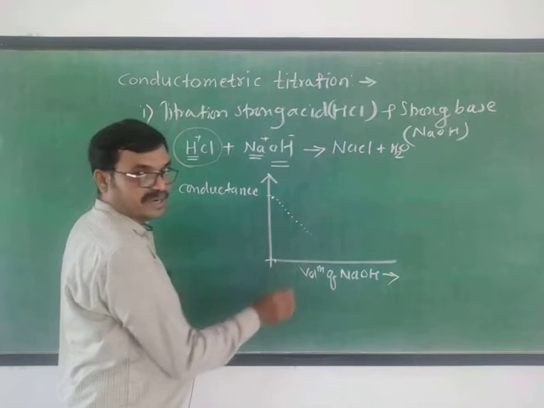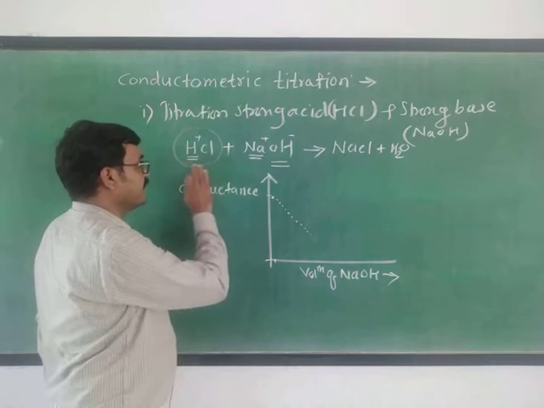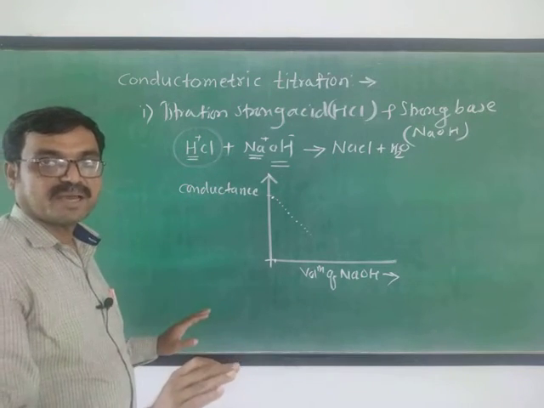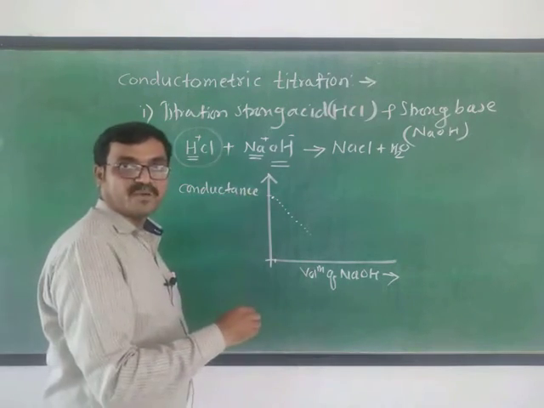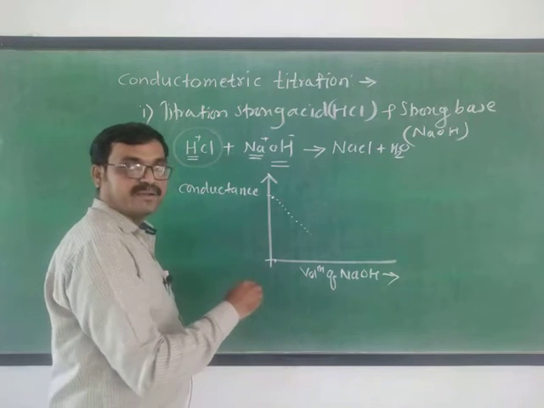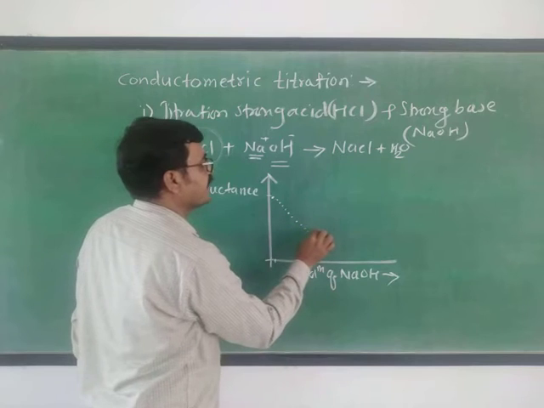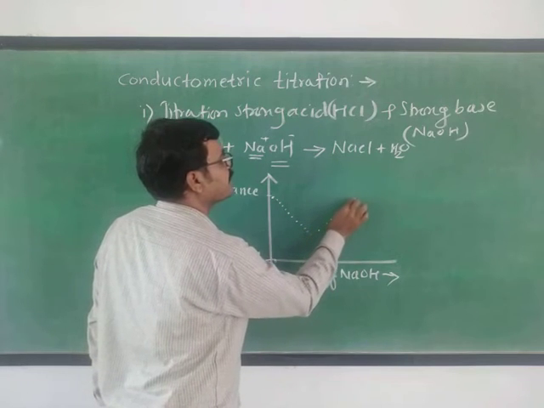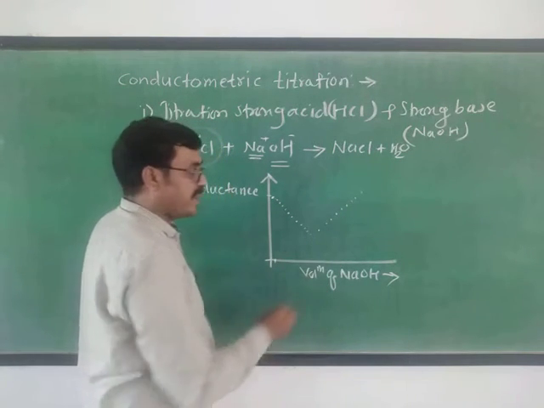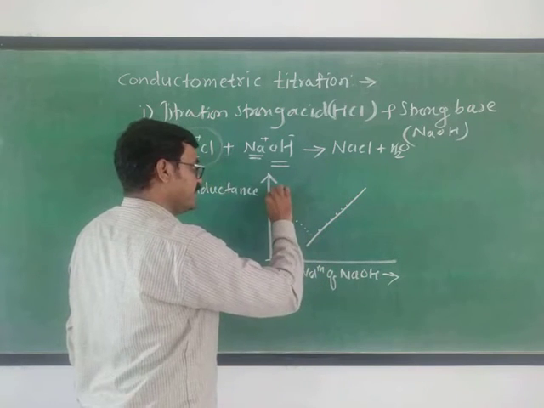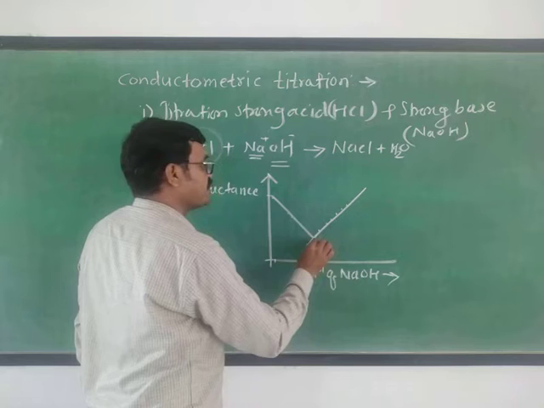Initially there is high conductance, later on the conductance decreases. The decrease continues till all the HCl gets neutralized by NaOH. And as soon as HCl gets neutralized, further addition of NaOH brings high mobile OH minus ions. That's why the conductance again goes on increasing. If we extrapolate these two lines, there is a point of intersection.